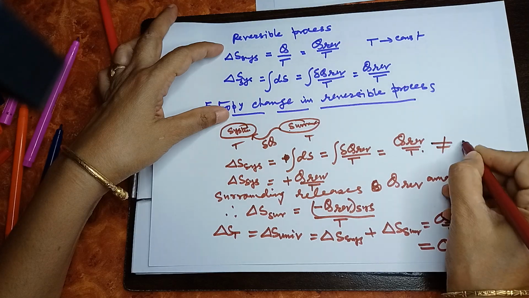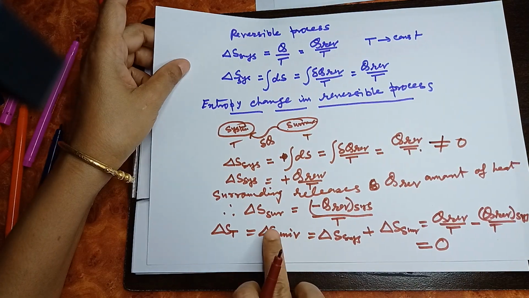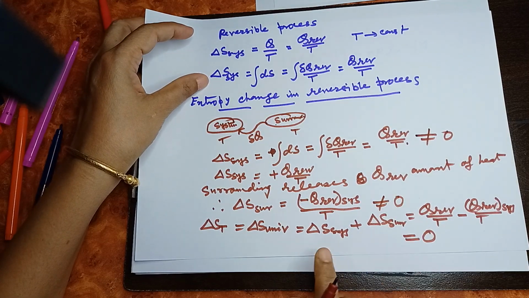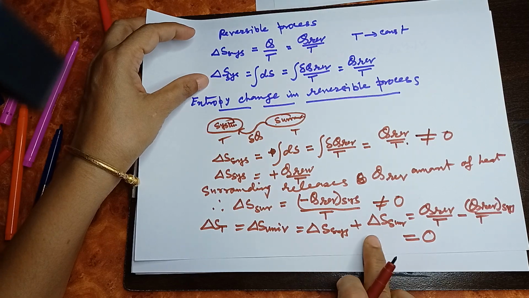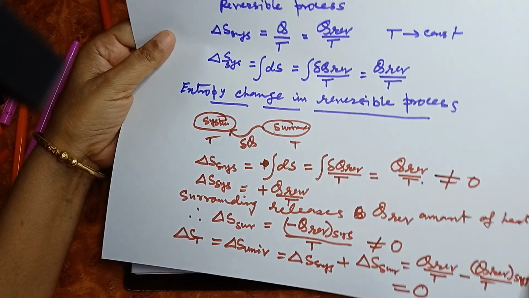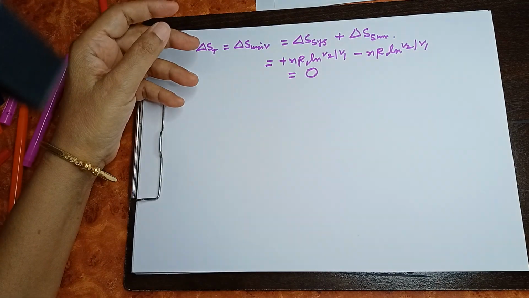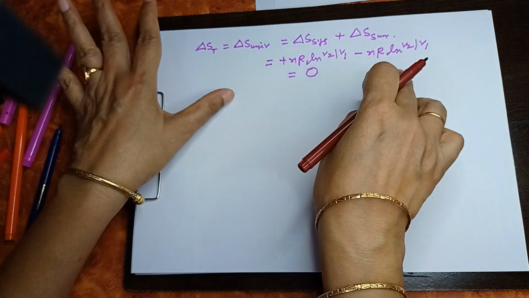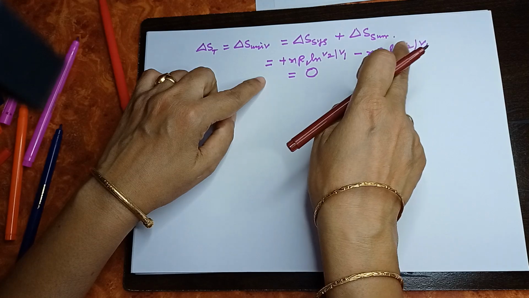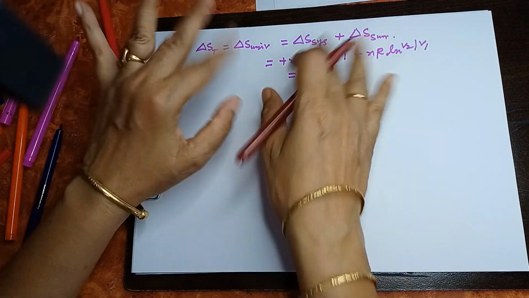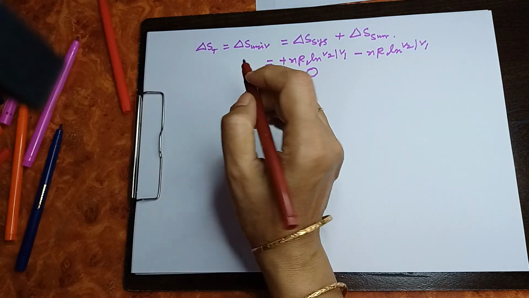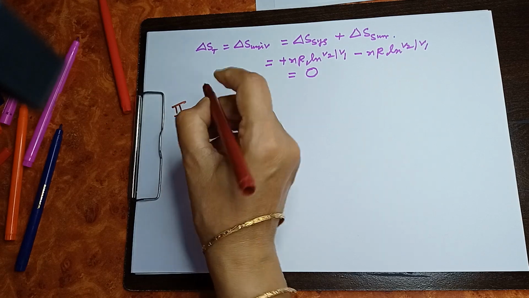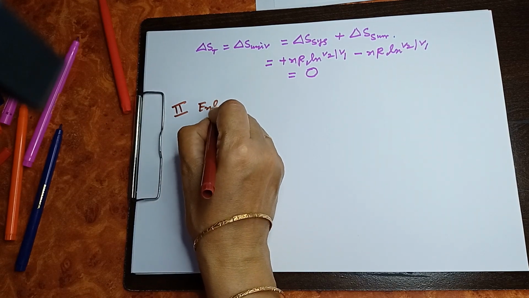Similarly, delta S surrounding is also not equal to 0, but overall delta S of system plus surrounding is 0. So reversible process criteria is delta S universe, that means entropy change of the system plus surrounding, is equal to 0. I am not saying this is 0 and this is 0. This minus this, overall thing is 0. That is the criteria.